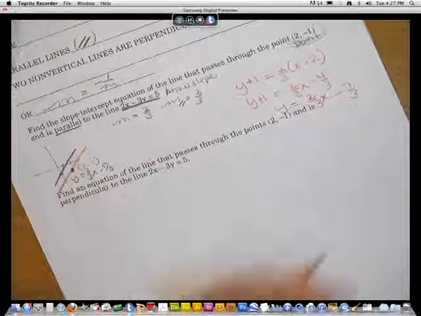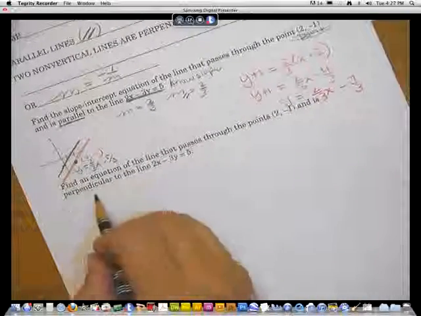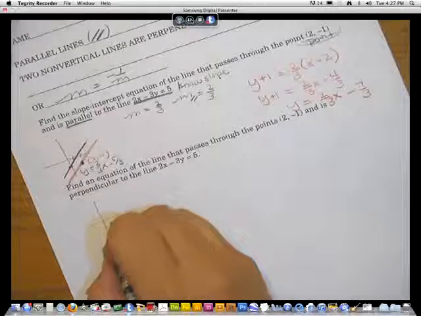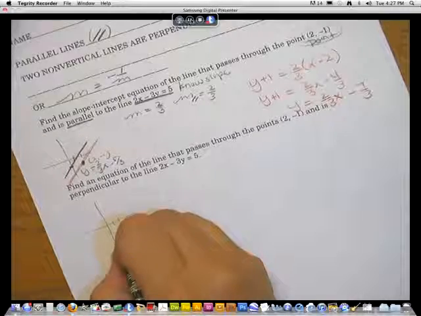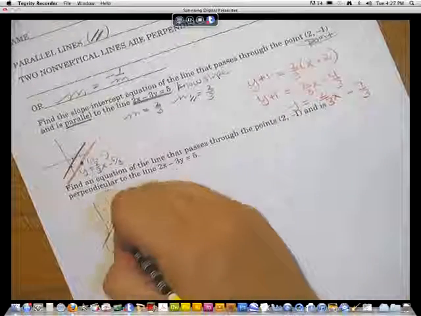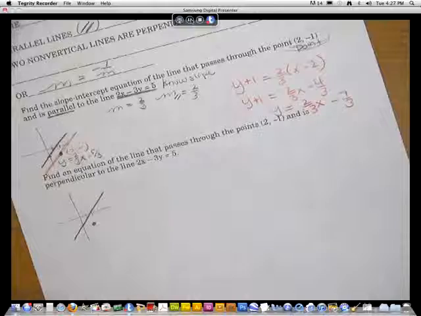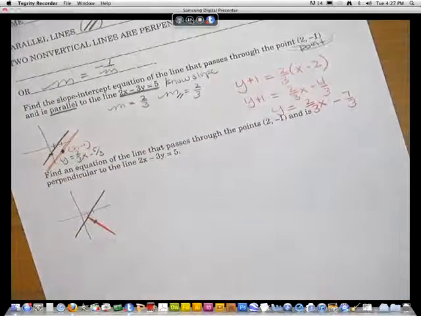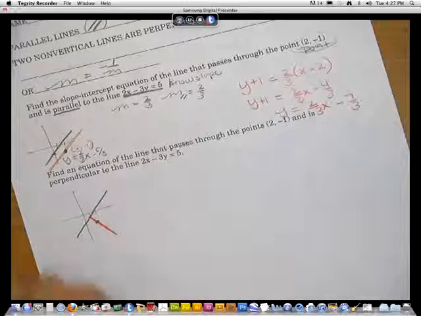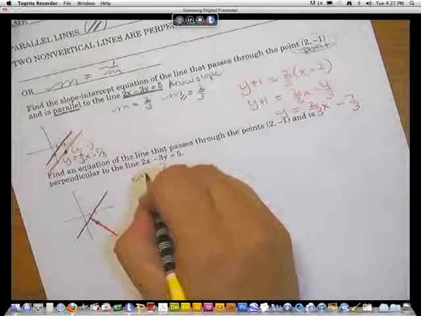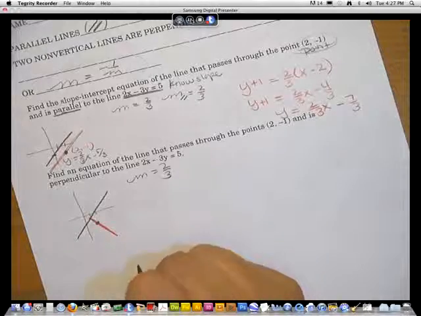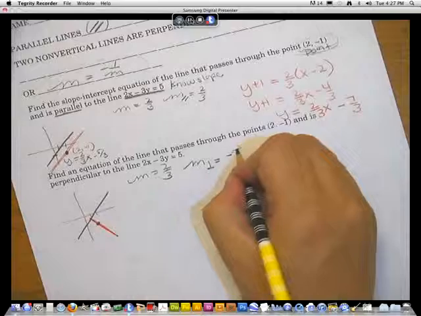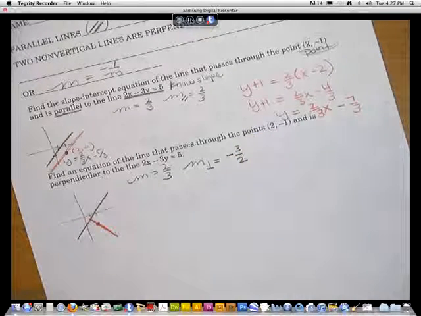Alright, so let's look at a very similar problem down here, except this time it's telling me that it's perpendicular. So again, we want the line to go through that point. This is the original line, but the line is now perpendicular. This is going to be the line that we're going to be working with. The slope of the original line is 2/3, so the slope of the perpendicular is the opposite reciprocal.